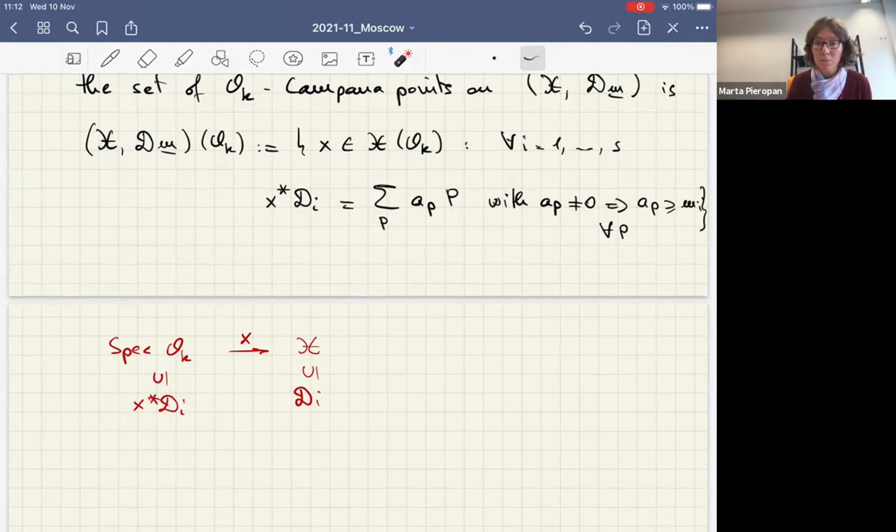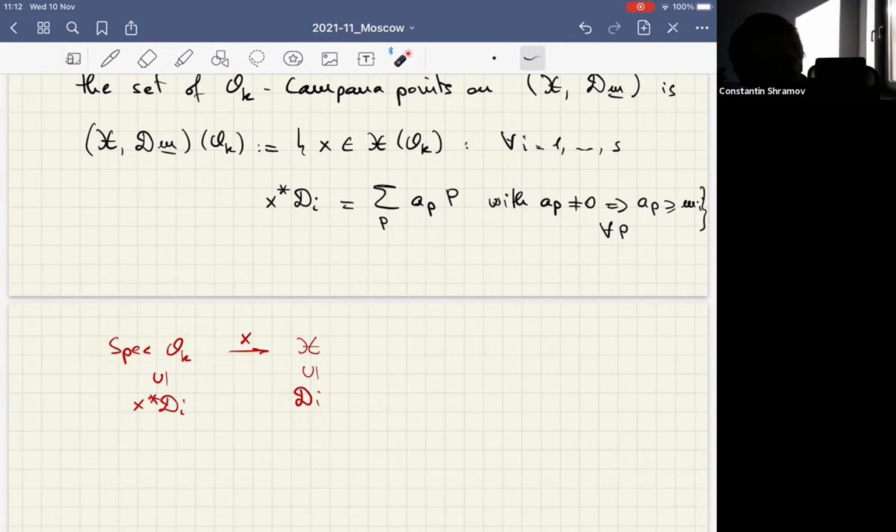So there is a unique representation as a sum of prime divisors. And I'm looking at this coefficient and I'm telling I want this coefficient to be high, which is the same as saying that whenever the image of this map intersects D_i at some prime, then this intersection has very high multiplicity. So there is some tangency to every component of the toric divisor which it really intersects.